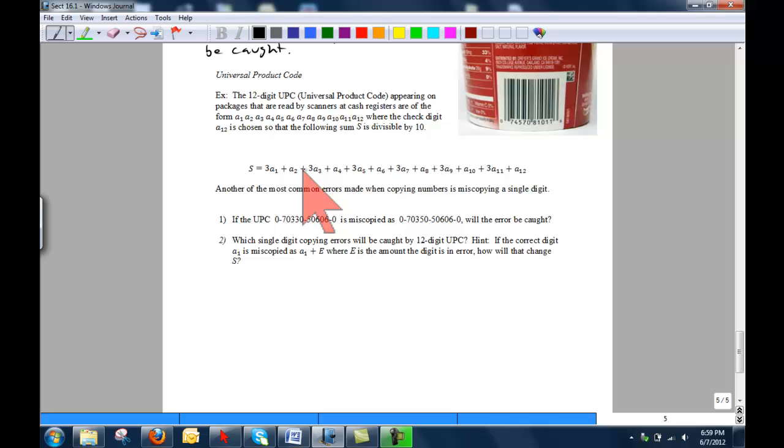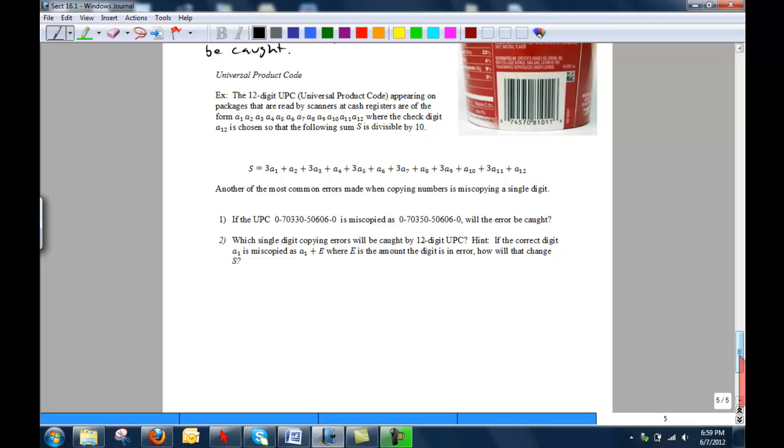You have this 31313131 pattern, and the first 11 digits are information, what the product is, what the store is, and so on. And then the last digit is the check digit, and it's chosen so that the sum S constructed this way is divisible by 10.